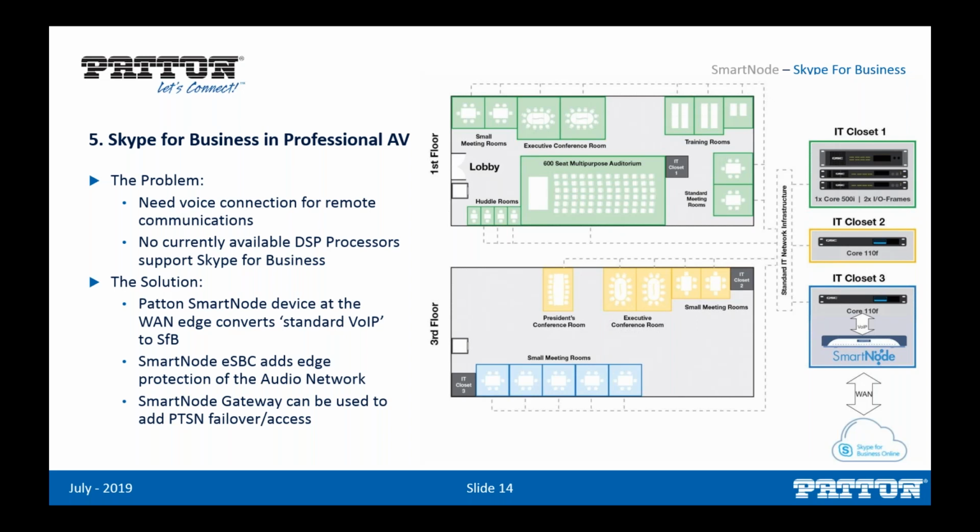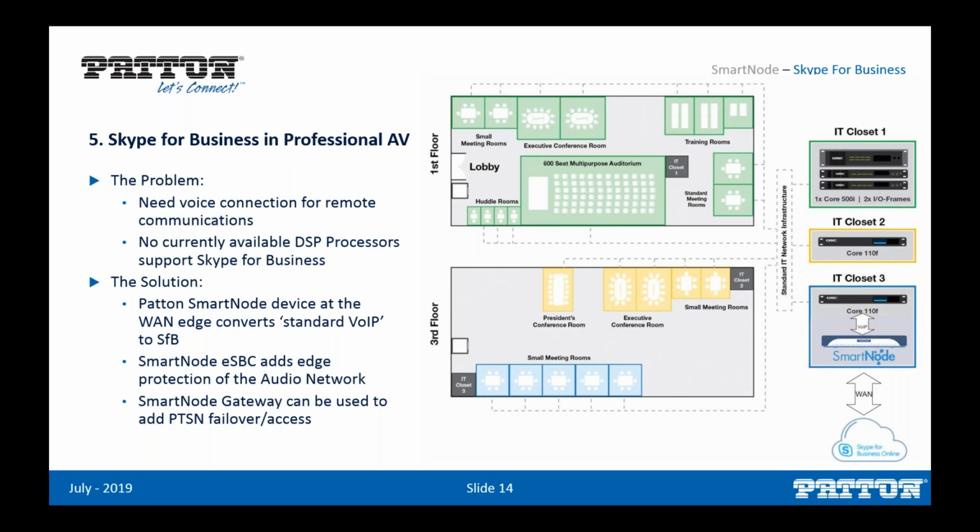In addition, this market is not really aware of the need and the use of an SBC. Most of the system integrators that I've talked with aren't even familiar with what that is or why they would need it. But again, it's another opportunity in addition to the Skype for Business connectivity to educate this market on how they can protect their networks above and beyond what a firewall can do.